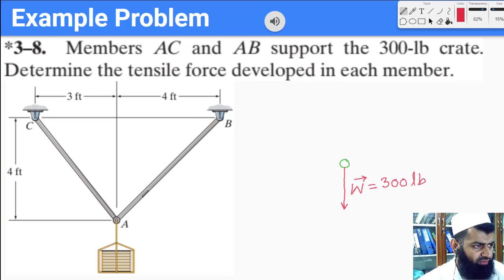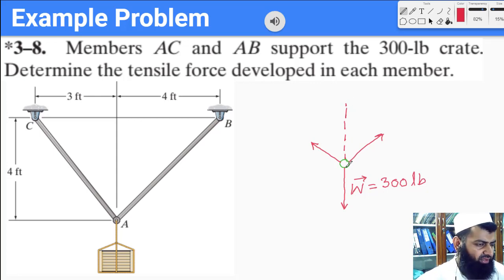The other two forces, one force is acting in this direction and the other force is acting in this direction.